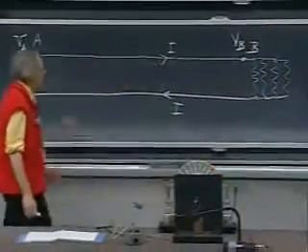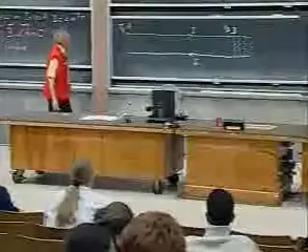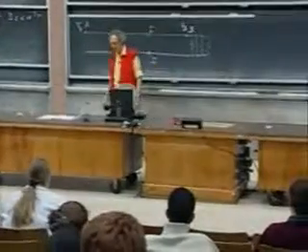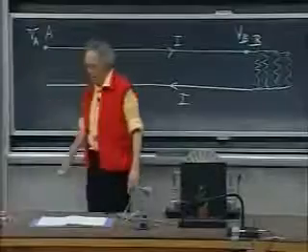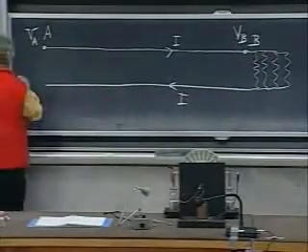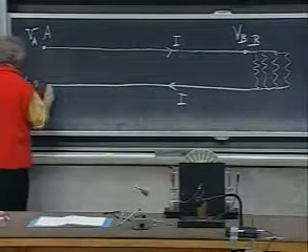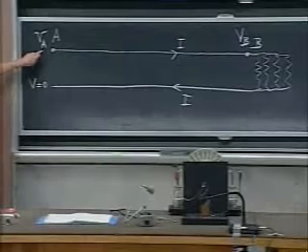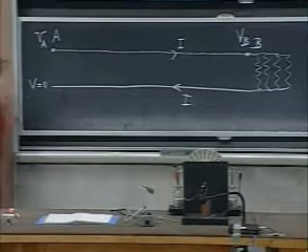Your TV station, everything. And so you are the consumer here. You take the energy that is provided by this power station. I will call the potential of this line 0. And so this is V of A higher than this line here.